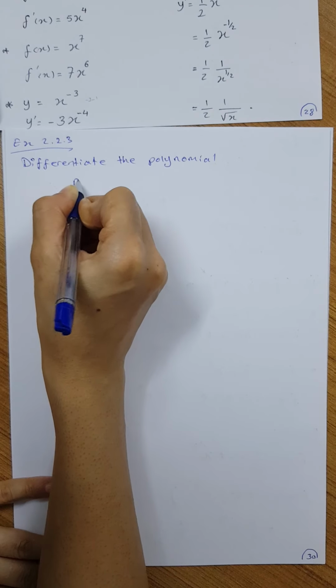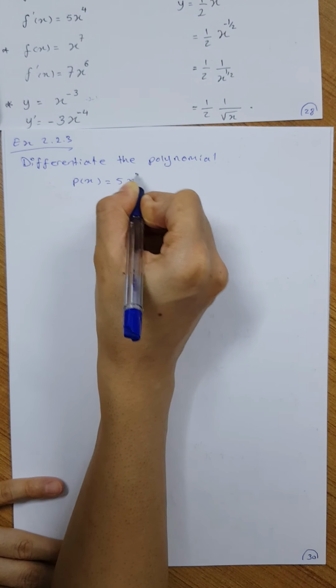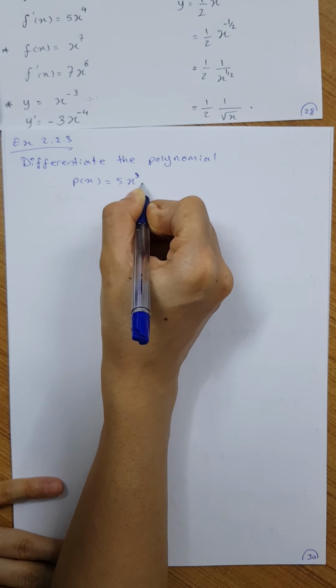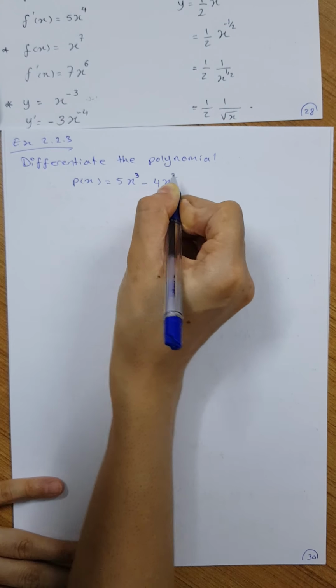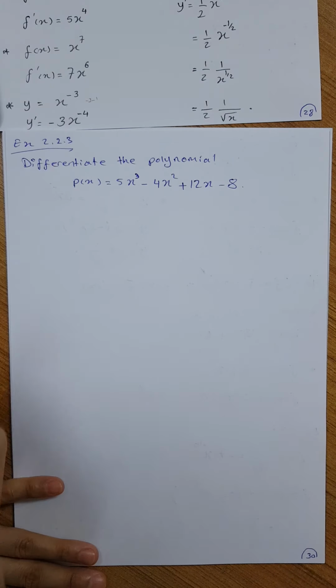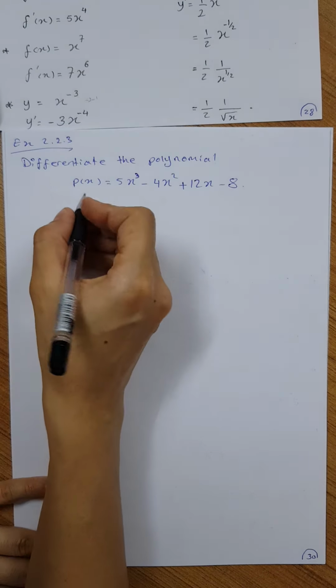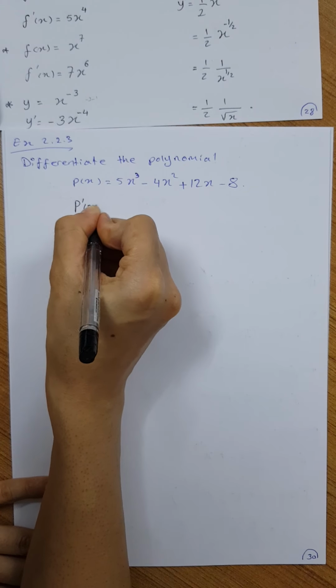The polynomial that's given to us, p of x, is equal to 5x to the power of 3 minus 4x squared plus 12x minus 8. It's required from us to simply differentiate that polynomial. So, p prime of x is equal to what?